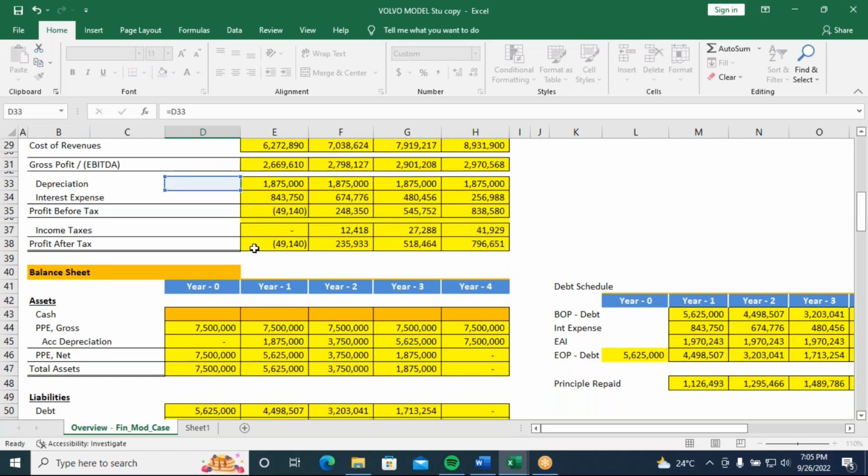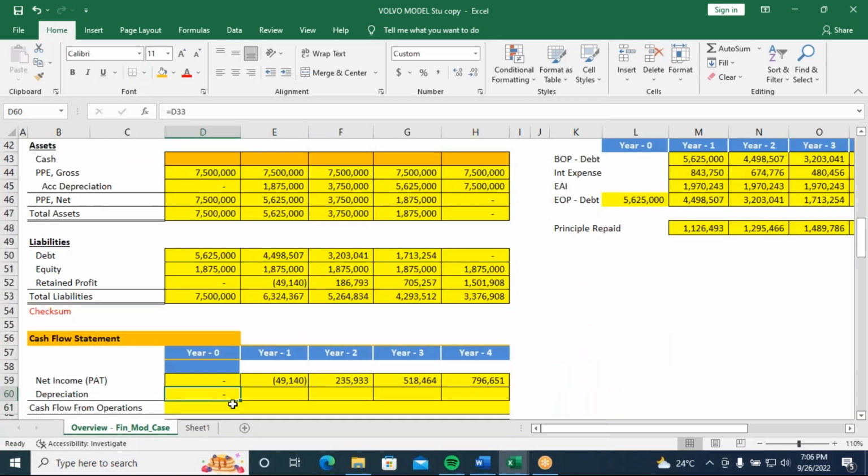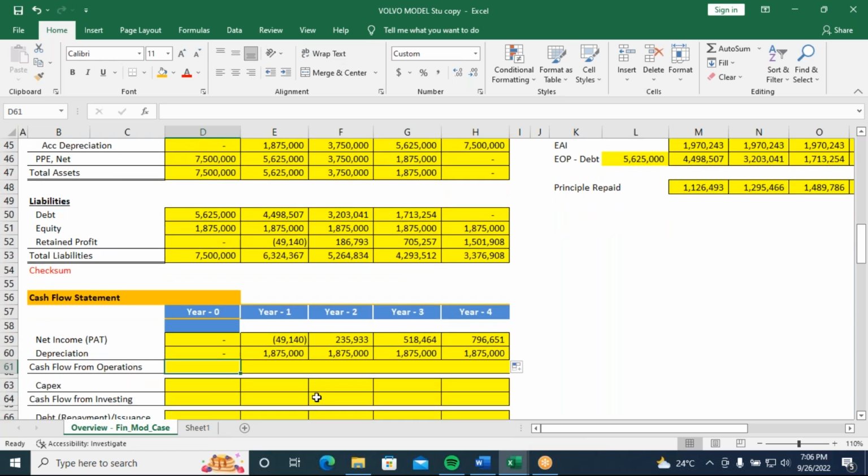So we'll take this value and drag this till the last. So cash flow statement. For the first year it is nil, nothing is there.